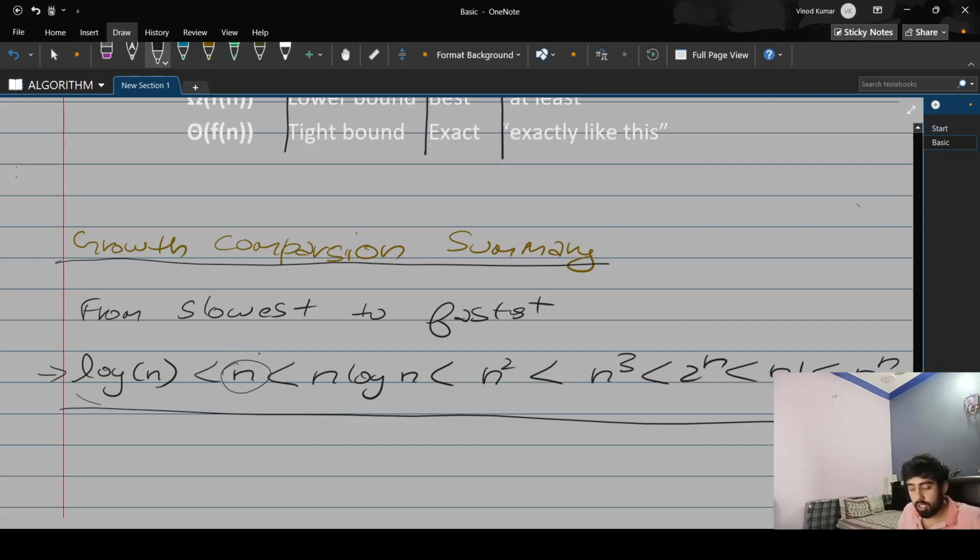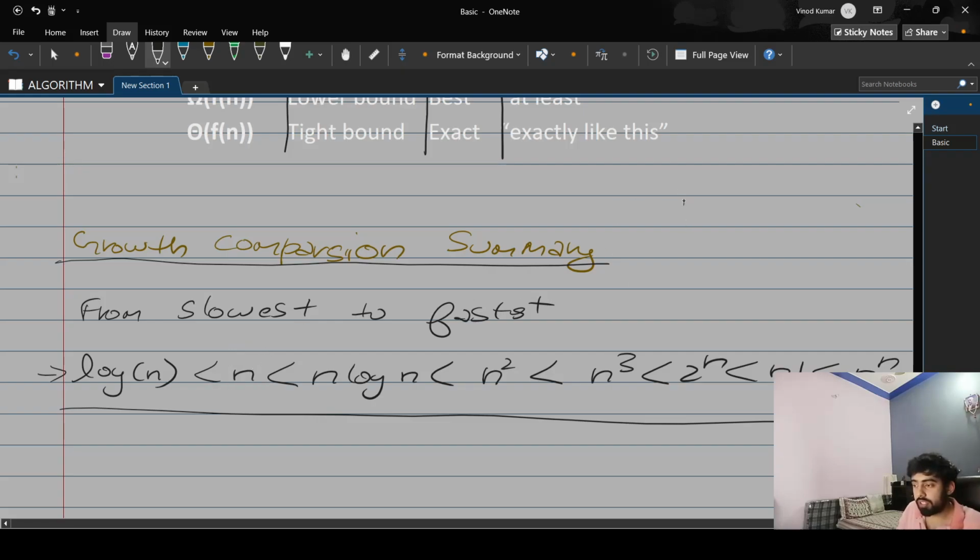So it is basically about how the function grows. The n function will be taking a straight line, and n log n may be taking more time to grow.